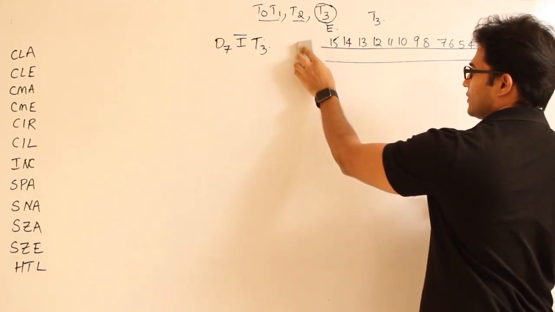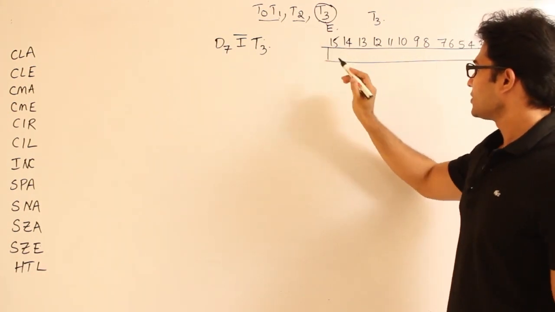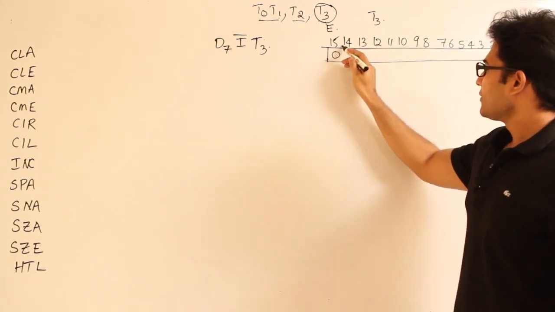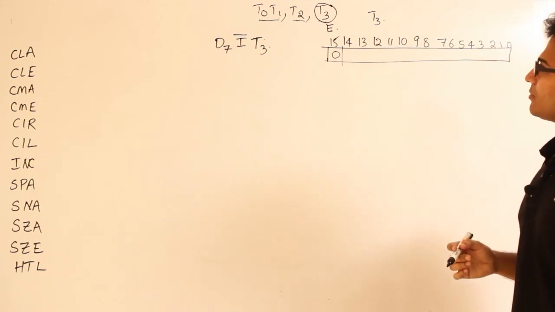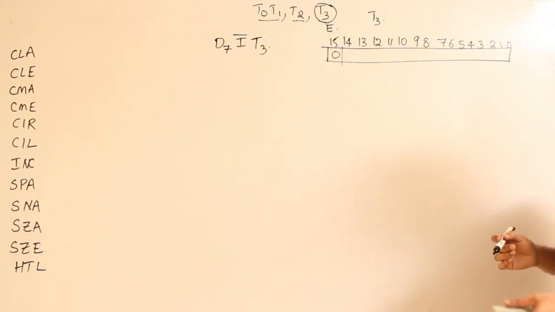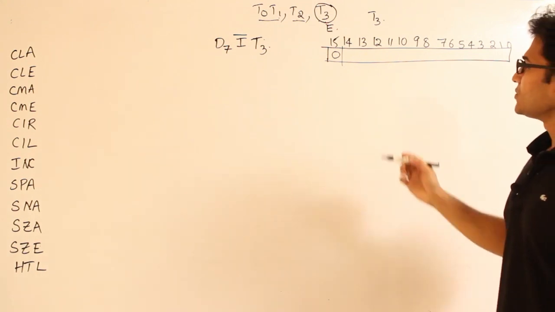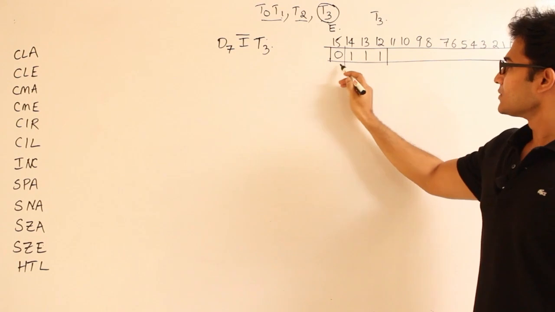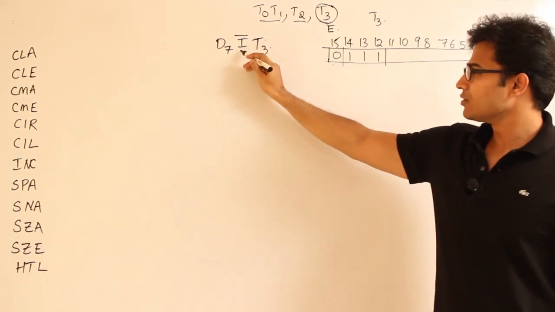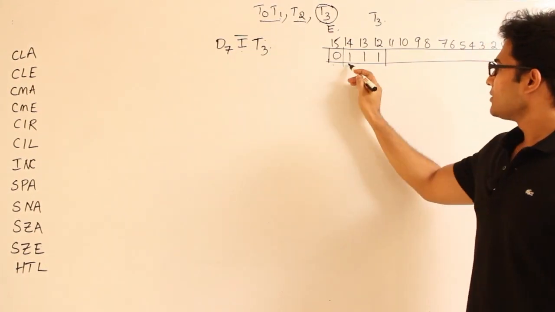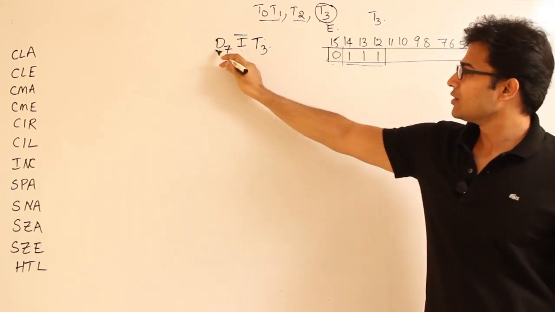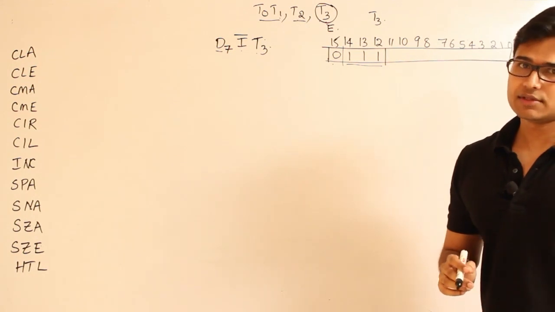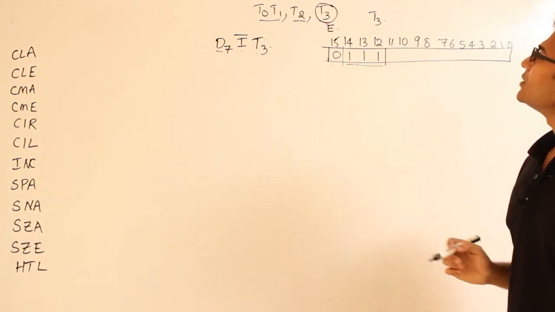In case of register reference instructions, the first bit will always be 0. This bit is used to represent the address mode in case of memory, and otherwise it is used for this distinction. So if I equals 0, and the opcode bits 1 1 1 represent 7, which is D7, then we can think of it as a register reference instruction. Got it? 1 1 1 is nothing but D7, right?